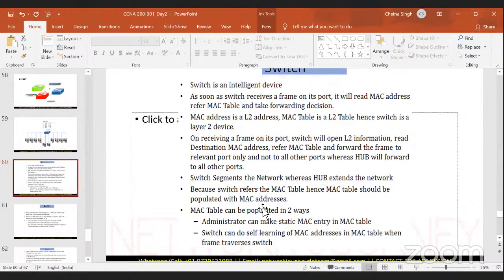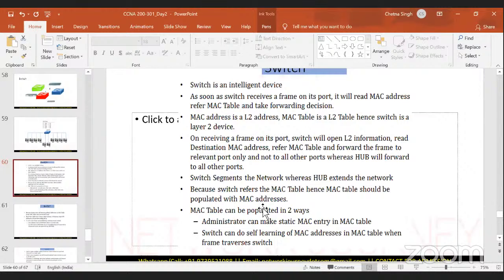Firstly, the administrator can statically make an entry in the MAC table, saying that if such-and-such address comes, it has to be forwarded to such-and-such port. So the administrator has the right to statically configure the MAC, or, as I just said, the switch can self-learn MAC addresses in the MAC table when frames traverse the switch.